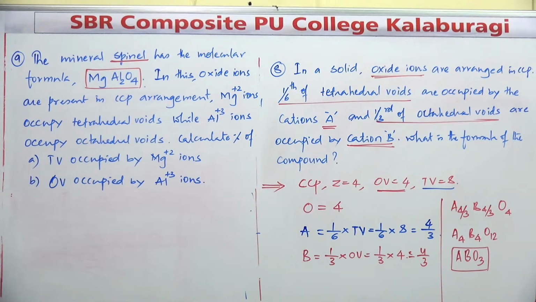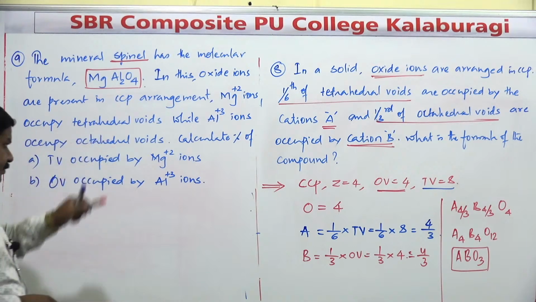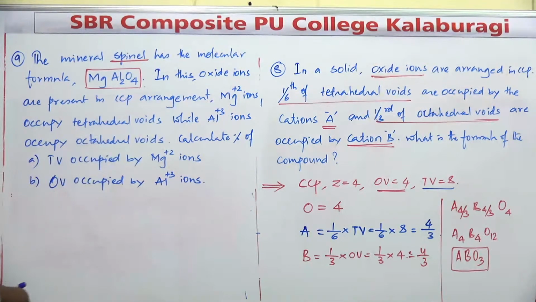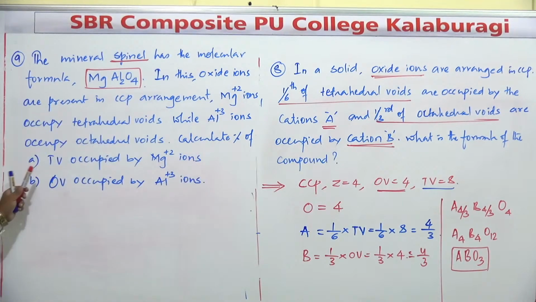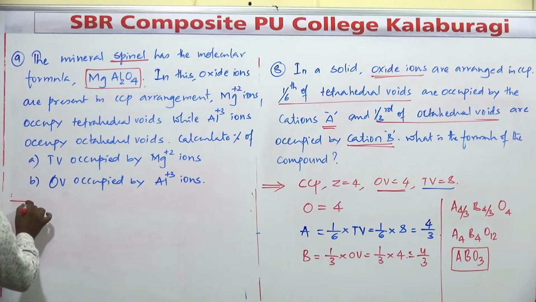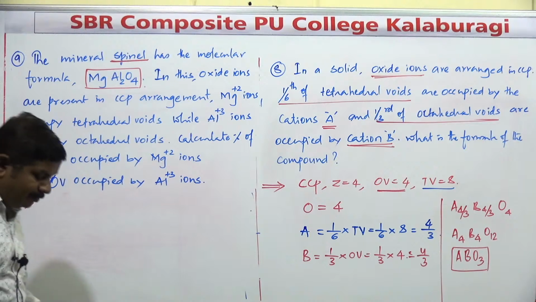The mineral spinel has the molecular formula MgAl2O4. In this, oxide ions are present in CCP arrangement. Mg plus 2 ions occupy the tetrahedral voids, while Al plus 3 ions occupy the octahedral voids. Then calculate the percentage of tetrahedral void occupied by Mg plus 2 ions and percentage of octahedral void occupied by the Al plus 3 ions.